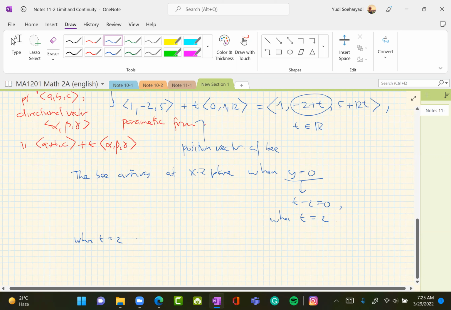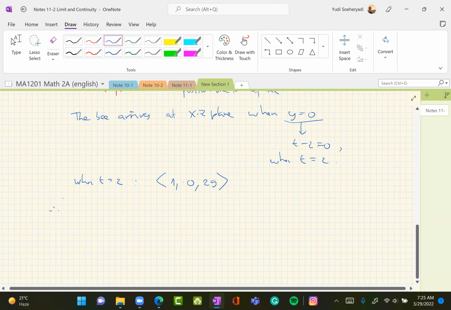The position vector at t equals 2 is, let's see, this is 1, this is 0, this is 29. Okay, so now the conclusion is that the P lands at this point here, 0, on the XZ plane.